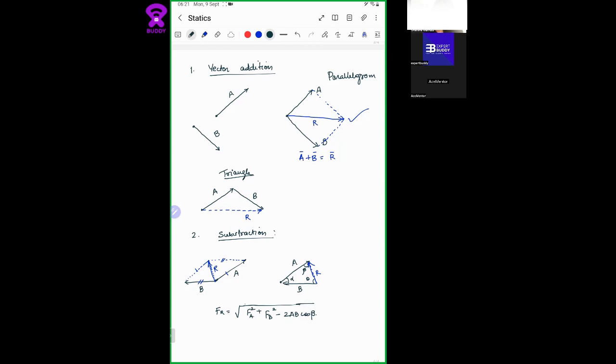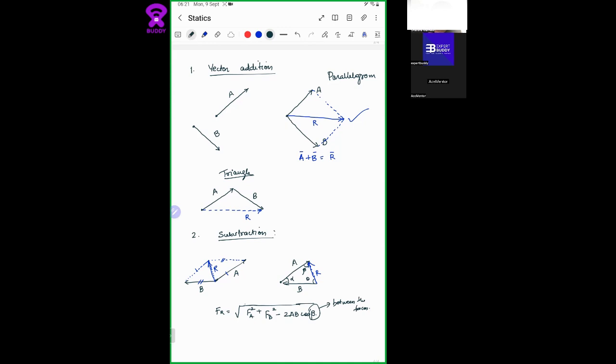Be very careful. You have to take an angle which is between the forces. I'm purposefully writing this to tell you that it is between the forces. Between A and B, correct? One second.